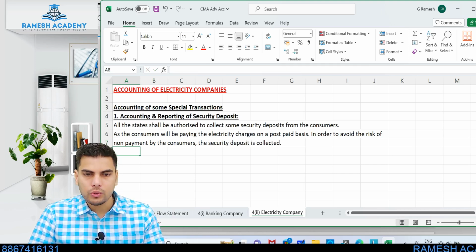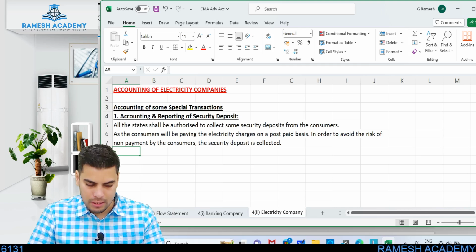I hope everybody understood why exactly this security deposit money is being collected.